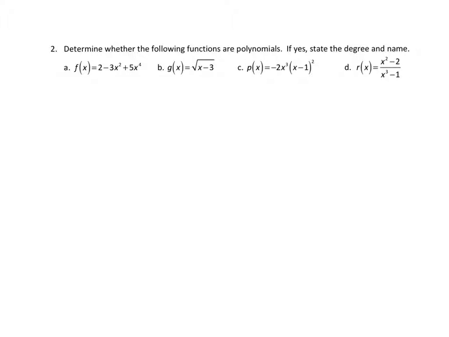So looking at this first one, it does meet the requirements, so it is a polynomial. And since it is a polynomial, its degree is the highest exponent that shows up, which is a 4. So it's degree 4, and a degree 4 polynomial we call quartic.